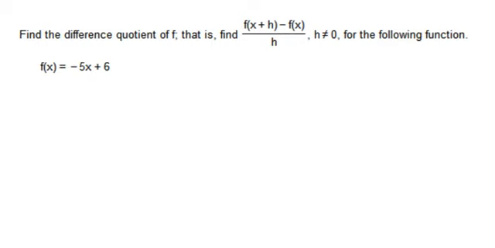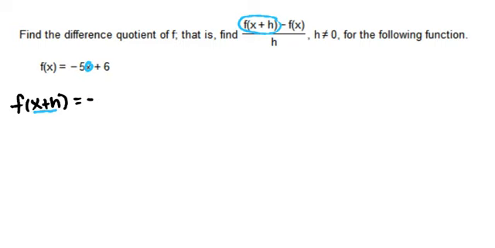And let's do that calculation by first starting off with this portion of the expression, f of x plus h. f of x plus h is calculated by replacing x with the value inside of the expression.